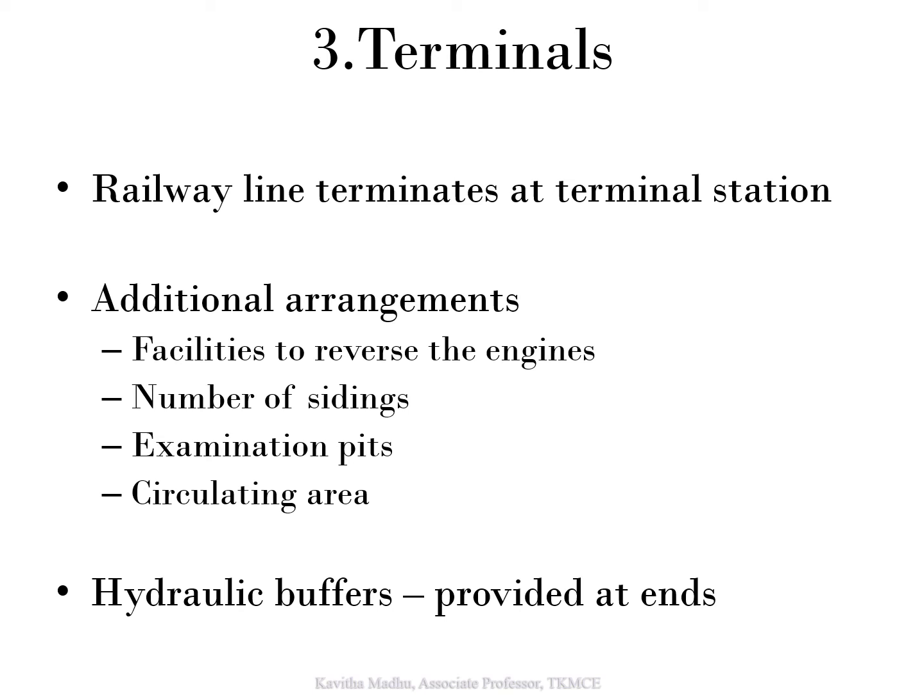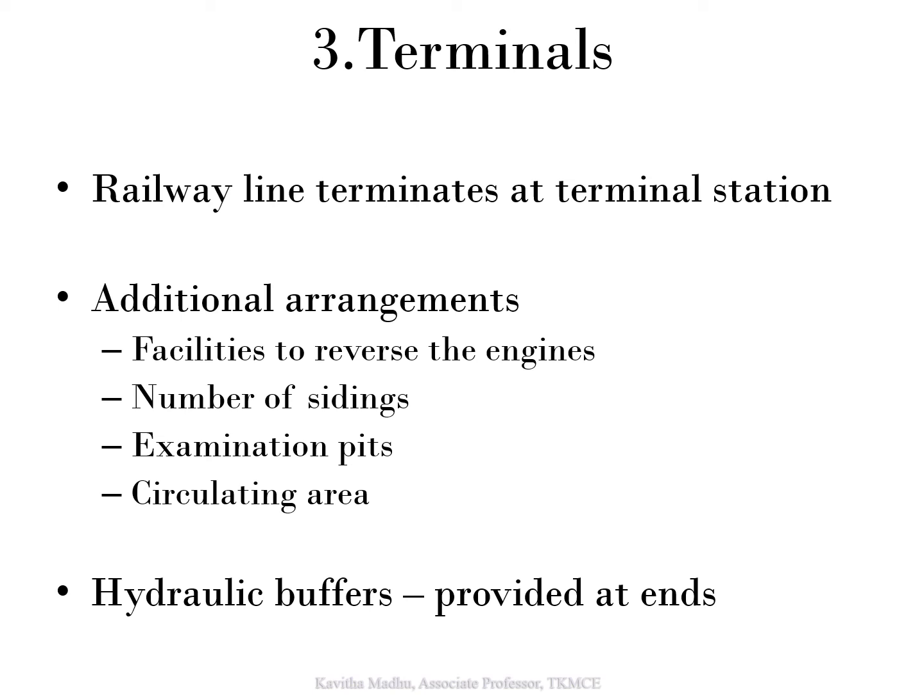Hydraulic buffers are also to be provided, and there should be an adequate circulating area where the passengers can move around, because there the train lines are terminating at a particular point. In order to facilitate the movement of passengers, they should have adequate circulating area.